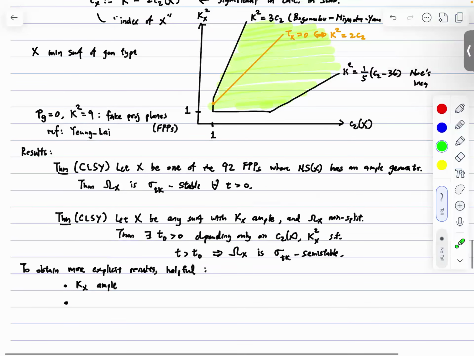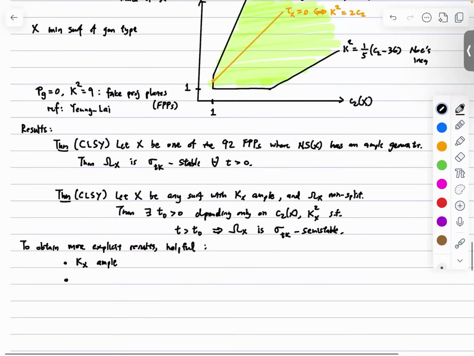And then, as I mentioned, it would be very helpful if this ordered pair C2, K squared is in this region, or at least below but very close to this line. So we are hoping to find examples or more examples where 6/5 times C2 is less than or equal to K squared is less than or equal to 3C2.